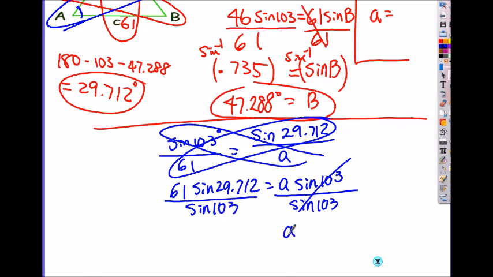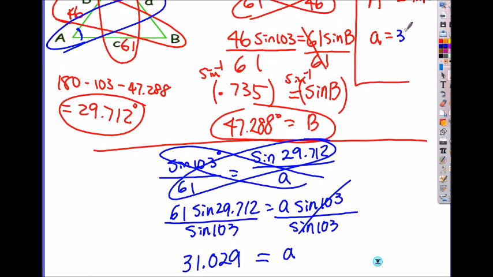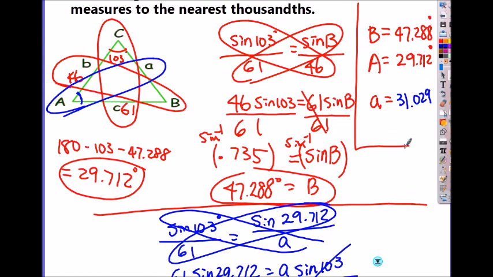So what do you get for A? 31.029. You just got to plug this into the calculator, right? So you get 31 point. Do you guys get the same answer? So again, make sure you always give me this box with missing side and angles, okay?